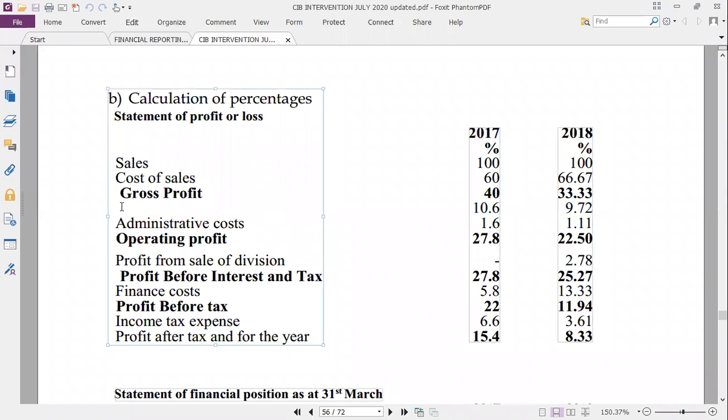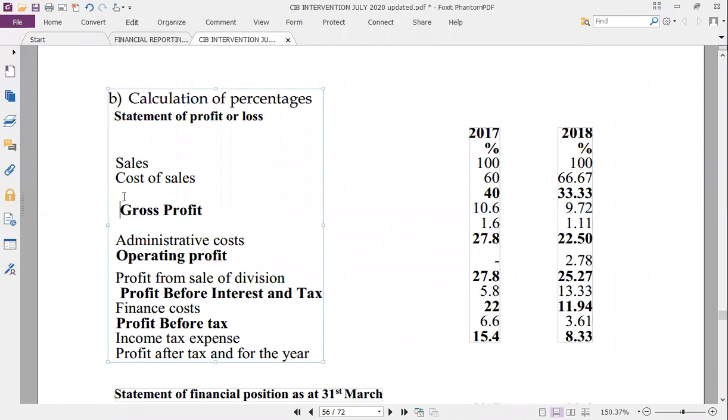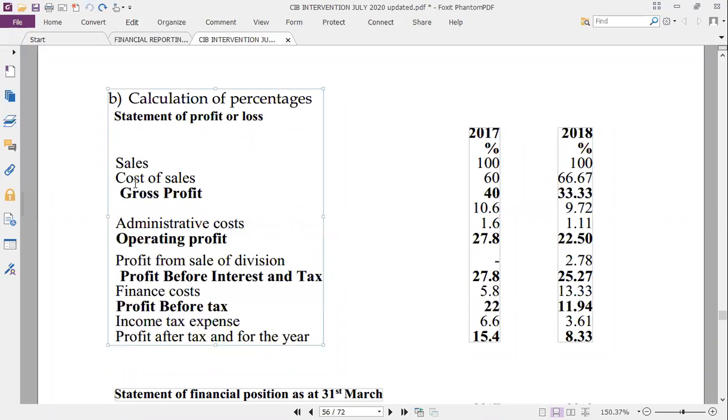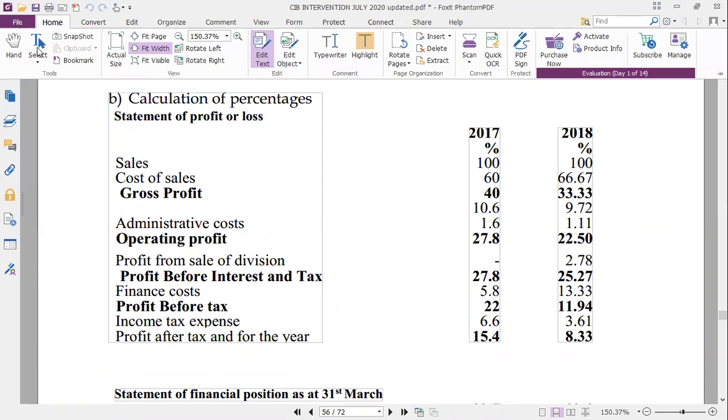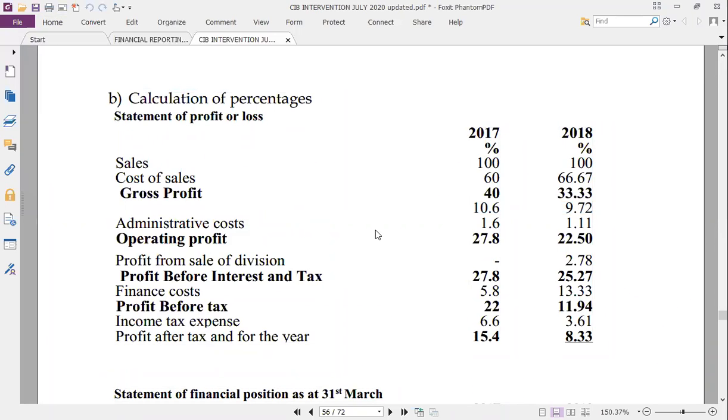So if you check distribution 10.6, it has dropped to 9.72. Admin 1.6 has dropped to 1.11. So all the operating costs decreased.